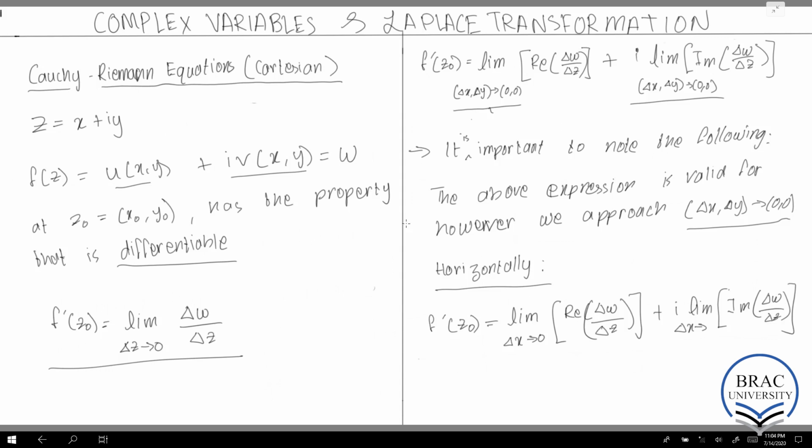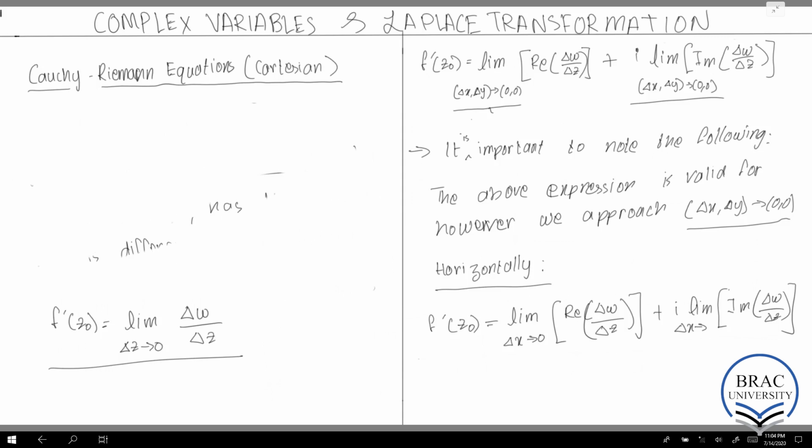Now, if we further break it down, I'm going to erase this part. We have f prime at z naught, so the limit of the real part of delta w.